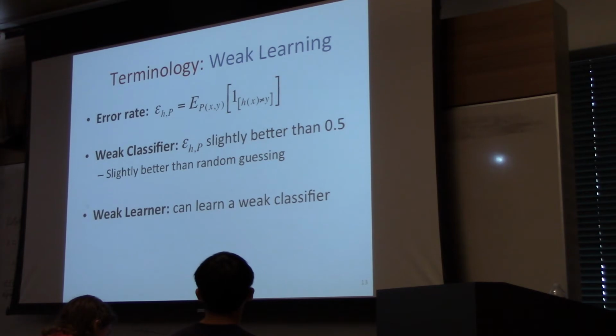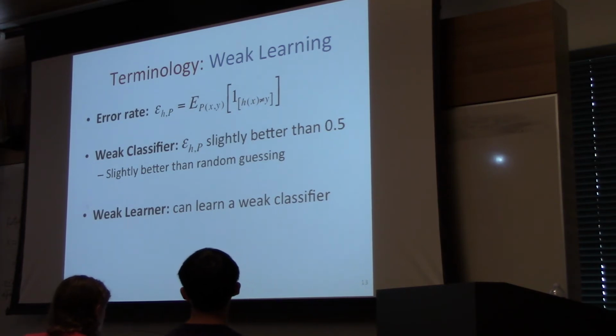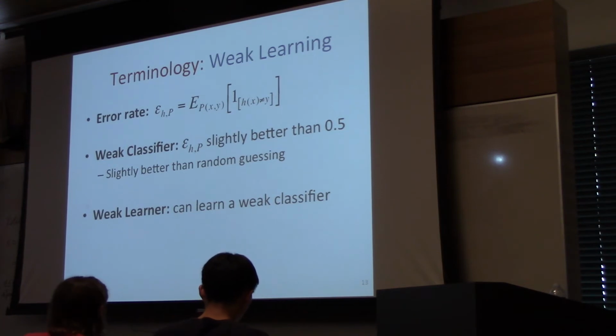So boosting works on what's known as weak learners in the literature. A little bit more terminology: let's define the error rate of a model over any distribution of data points, could be test, could be training, as 1 minus the accuracy. A weak classifier is simply one whose error rate is slightly better than 50%, so 0.4 or 0.45.